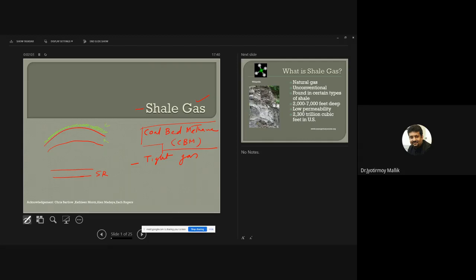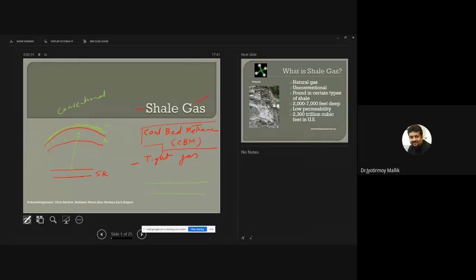This is the conventional system. And we said hydrocarbon is expelled from the source rock, and this process is called primary migration, and then it moves up through secondary migration and fills up the pore space of the reservoir.